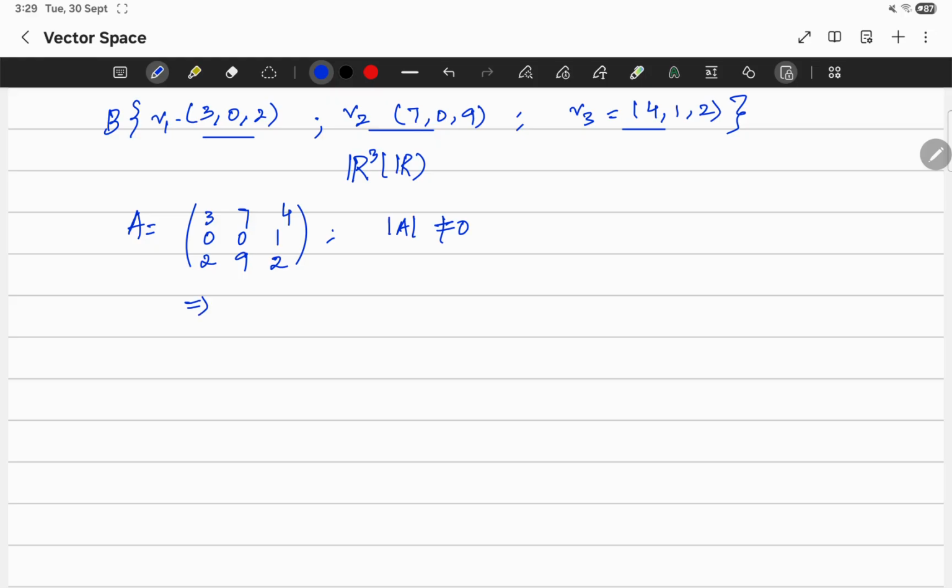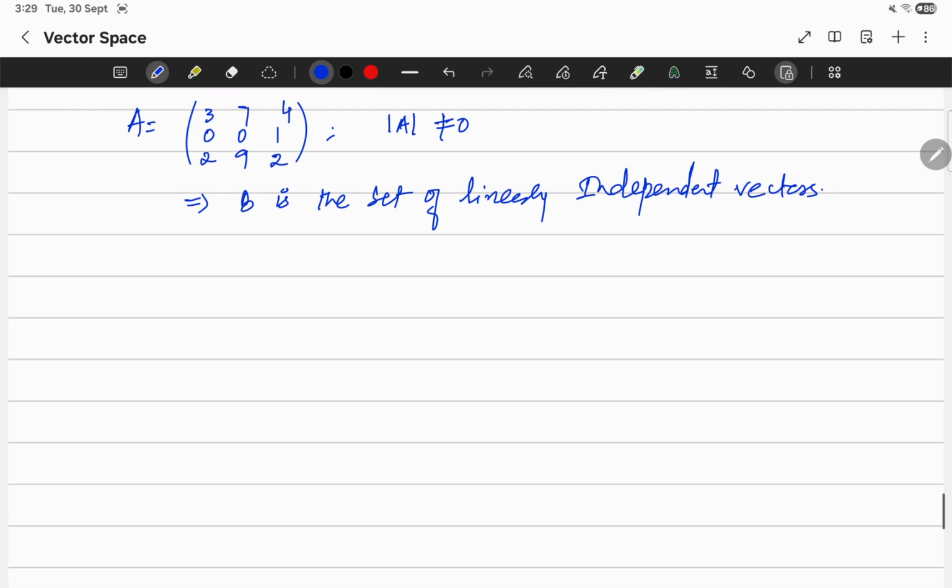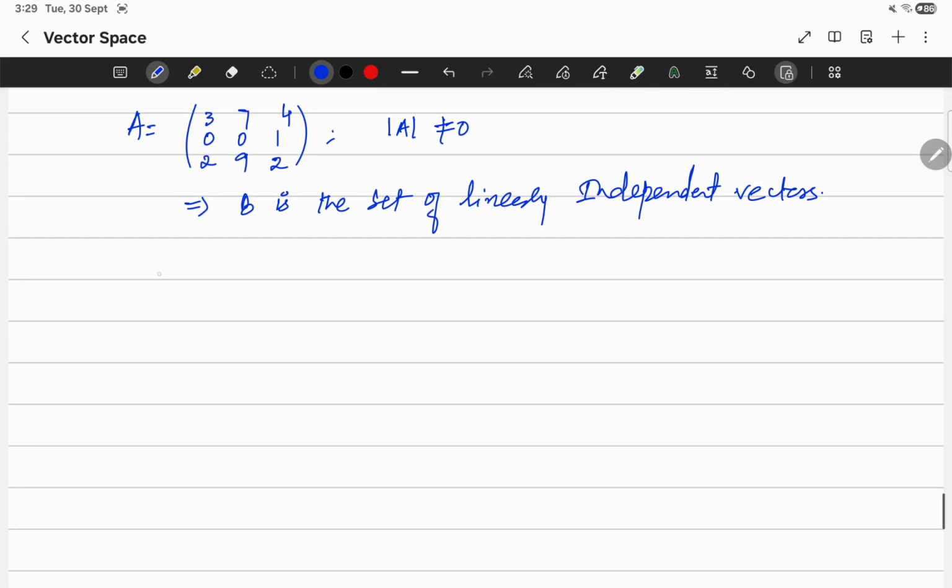So it means that B is a set of linearly independent vectors. So the first condition holds. Now by the second condition you have to check the linear span of B.